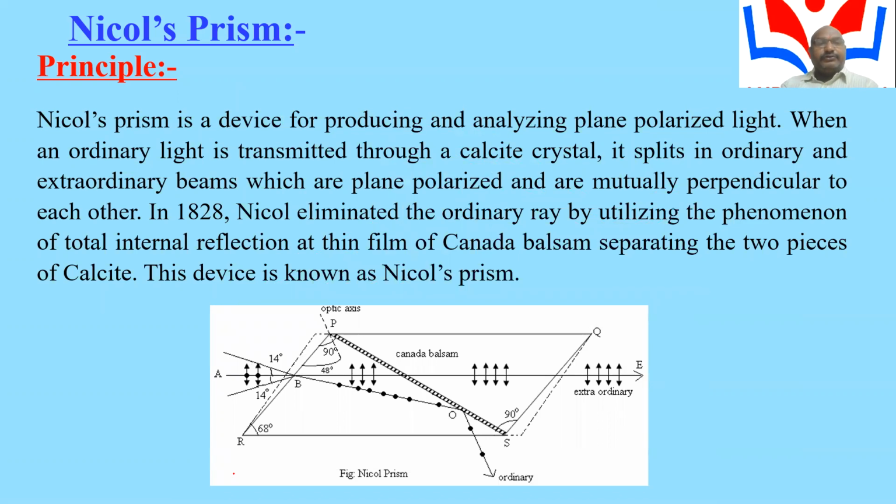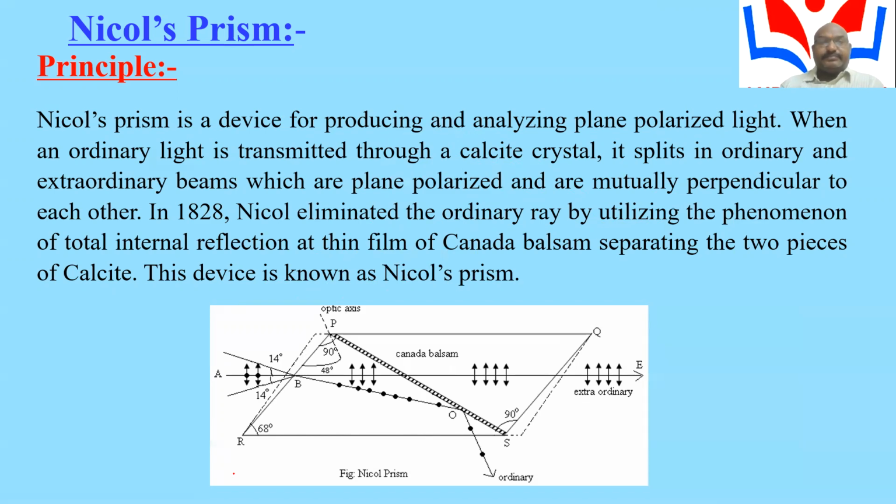In 1828, Nicol eliminated the ordinary ray by utilizing total internal reflection at a thin film of Canada balsam separating two pieces of calcite. This device is known as the Nicol prism.